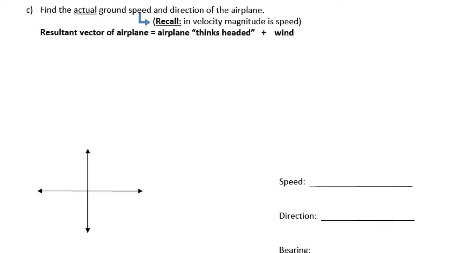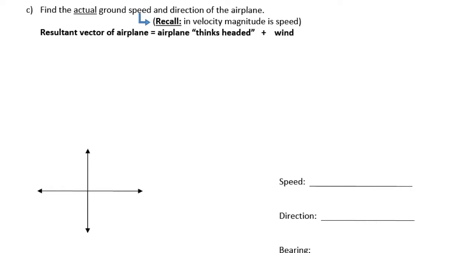Okay, so we're going to start out by finding the resulting vector. You're going to think of the resulting vector of the plane as the plane component plus the wind component, because the wind is working with or against the plane depending on the direction of the flight.